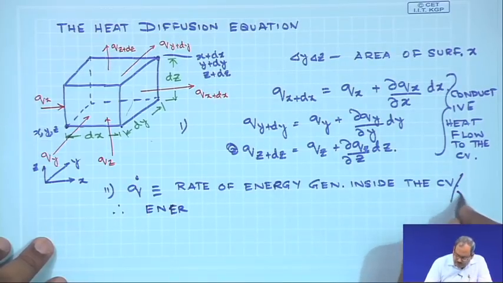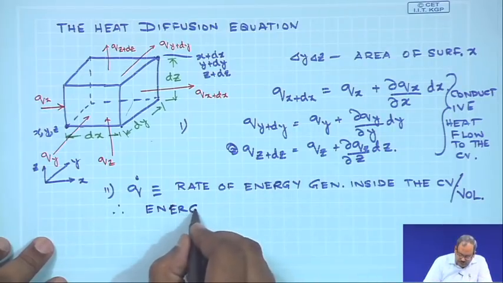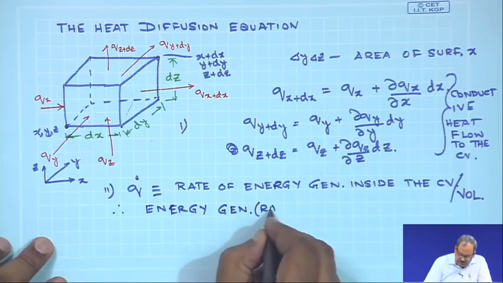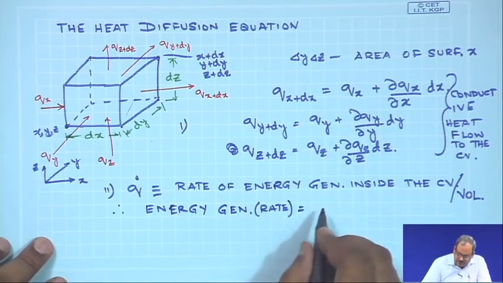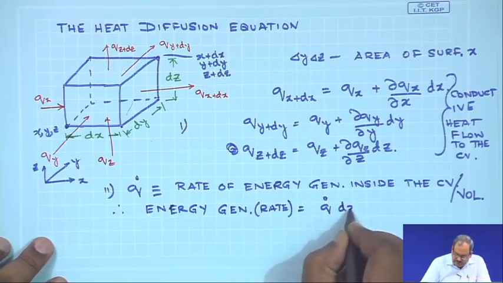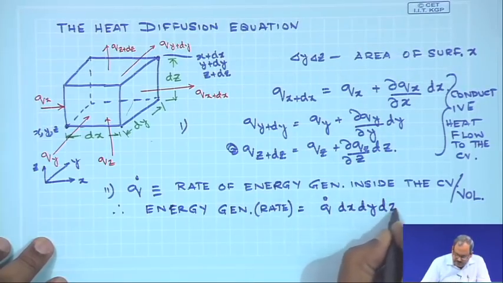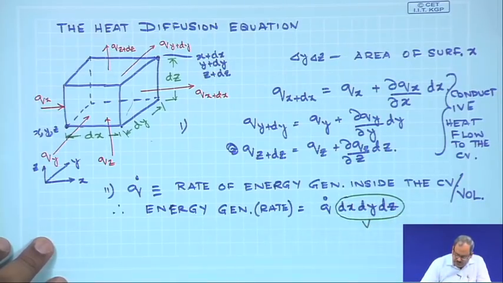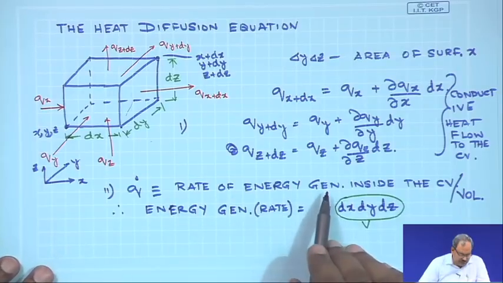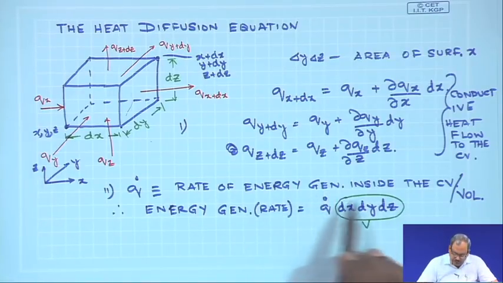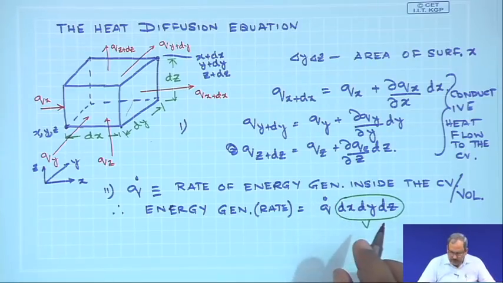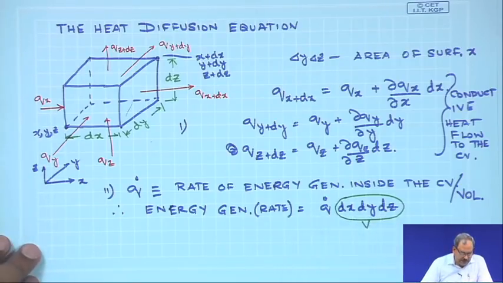So, therefore, the total amount of energy generation, q dot is per unit volume. So, the energy generation rate must be equal to q dot times dx dy dz, because together this is going to be the volume. If q dot is the rate of energy generated per unit volume, then the total rate of energy generation would simply be equal to q dot times dx dy dz.